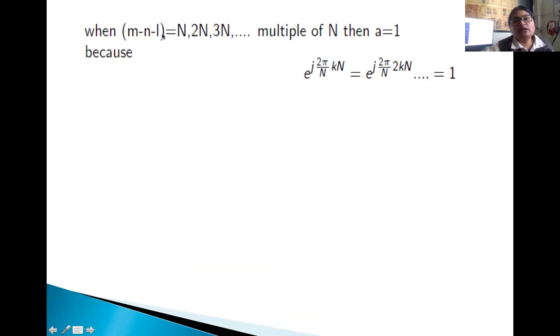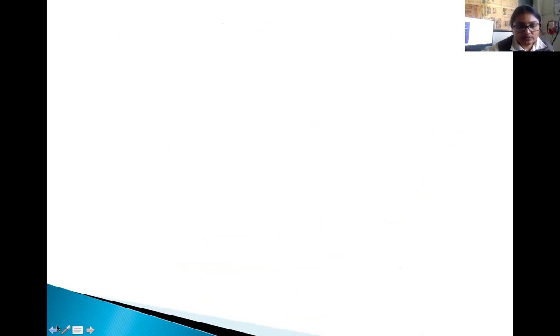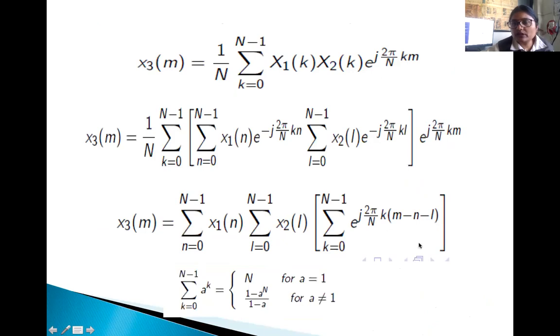when m minus n minus l, when it is equal to n, 2n, 3n or multiple of n, मग आता त्या केस मध्ये काय होणार आहे, ह्याची व्हॅल्यू जर माझी या ब्रॅकेट टर्मची व्हॅल्यू. या ब्रॅकेट टर्म मध्ये कोणते पार्ट आहेत, तर दिस इज 2 pi k upon n into m minus n minus l. याची व्हॅल्यू जर मी n ठेवली, तर काय होणार आहे, हा n आणि हा n, these two n's will be cancelled to each other, because this bracket term value we have considered n.